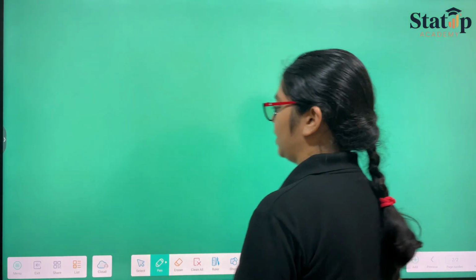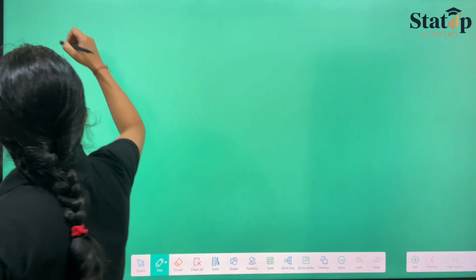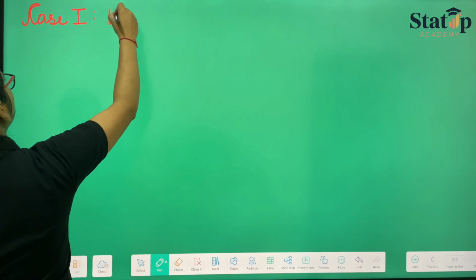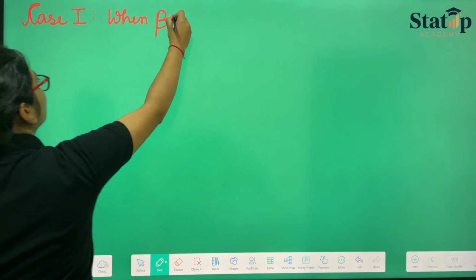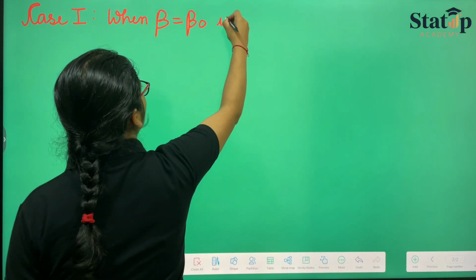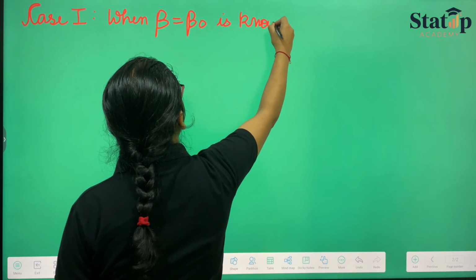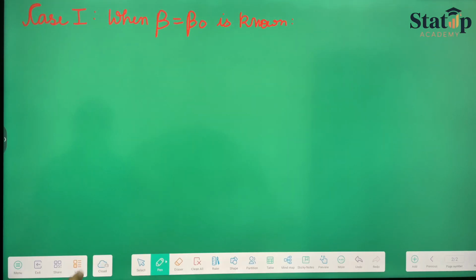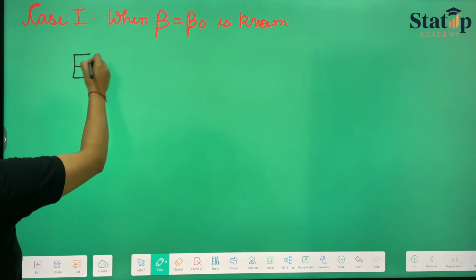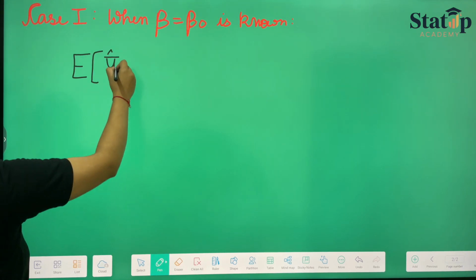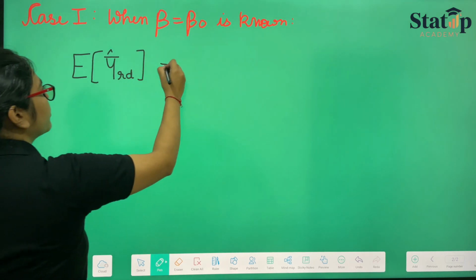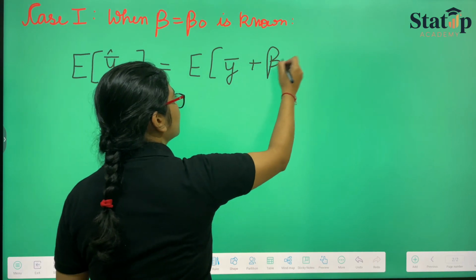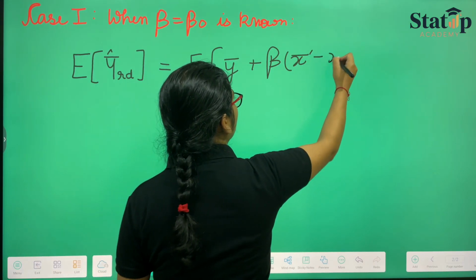Now moving on further, we'll find the expectation and then the variance. There are two cases here as well, as we did in the earlier one. Case 1, when beta is known to be beta naught. In this case, we take the expectation of the estimator, which is the expectation of y bar plus beta into x bar prime minus x bar.